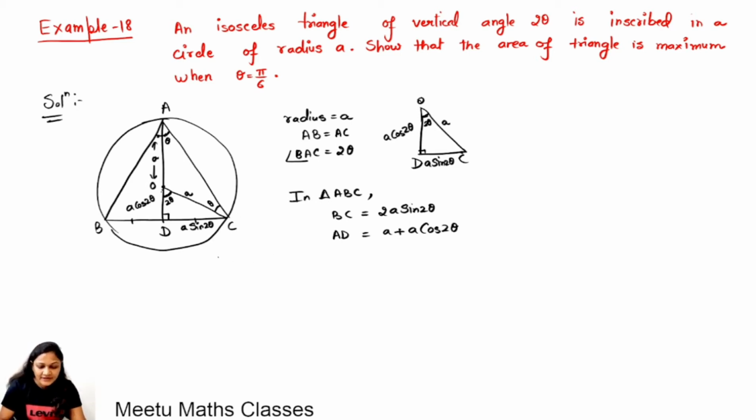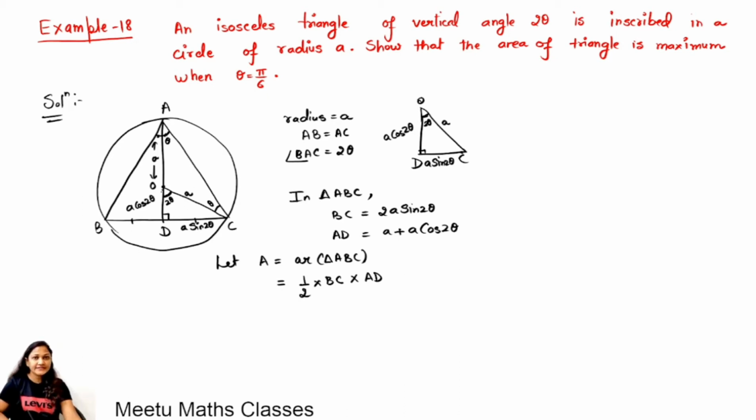Now let A be equal to the area of triangle ABC, and we are supposed to maximize this area. The area of triangle ABC will be equal to half into base into height. Height is AD. So this is equal to half into base BC, 2a sin 2 theta, and altitude is a plus a cos 2 theta. Now the 2 will cancel out.